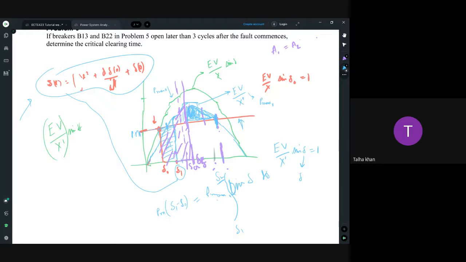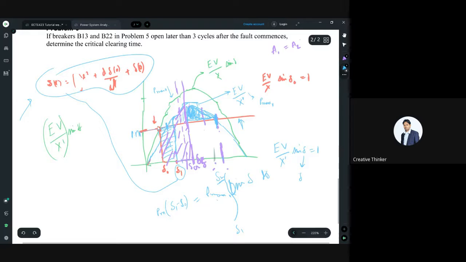Sir, one question. For the first case, we're finding from delta 0 to delta 1, right? And the green line is for the pre-fault circuit, right? But you see, the area which we are finding for A1 is this one area.